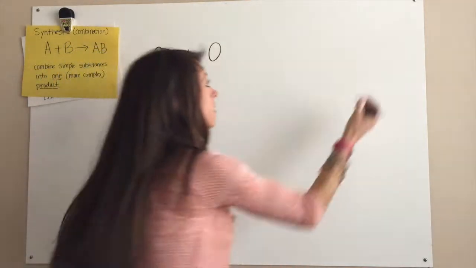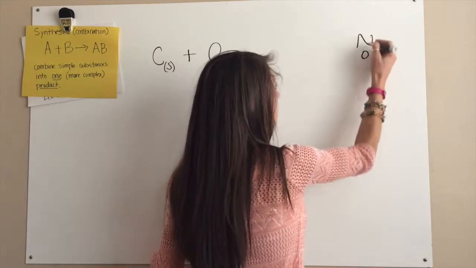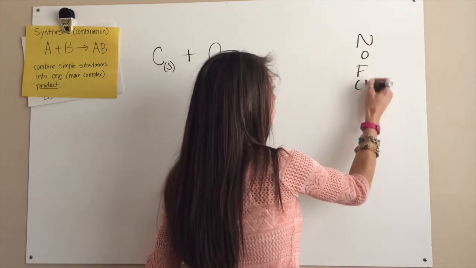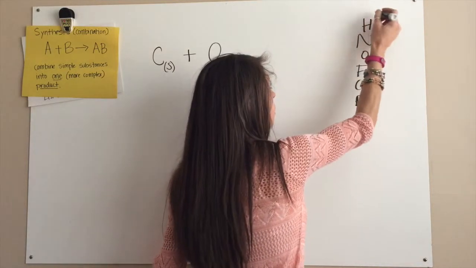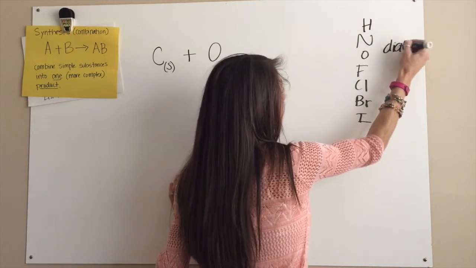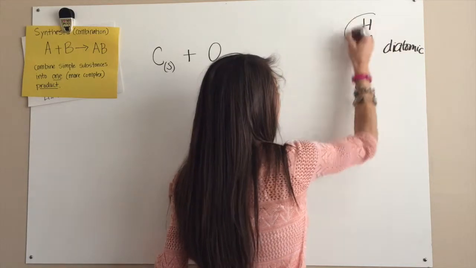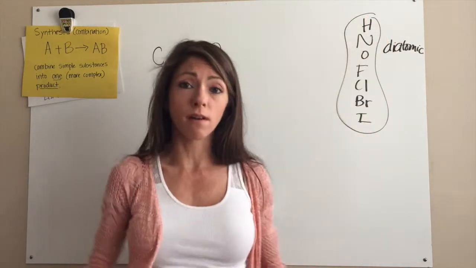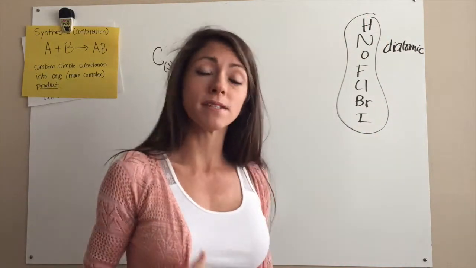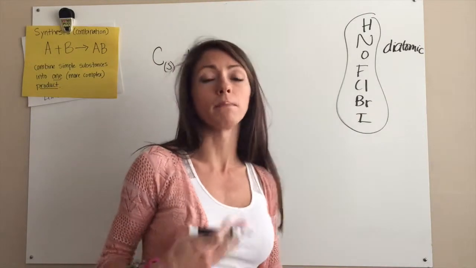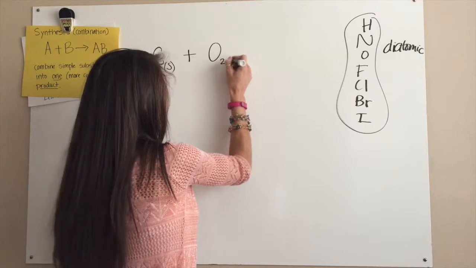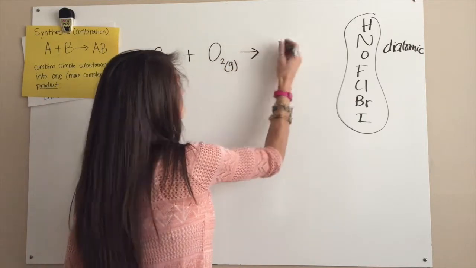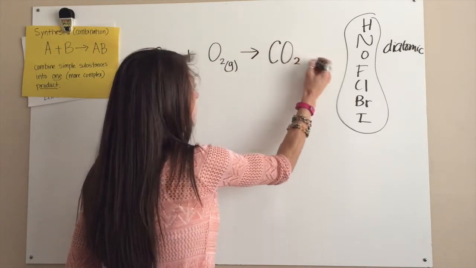Keep in mind that these 7, nitrogen, oxygen, fluorine, chlorine, bromine, iodine, and hydrogen, are your diatomic nonmetals. When they are in a singular form, not in compound form, they must have a subscript of 2 because they are covalently bonded to an atom just like themselves. So this would be oxygen gas, and these would combine to form carbon dioxide.